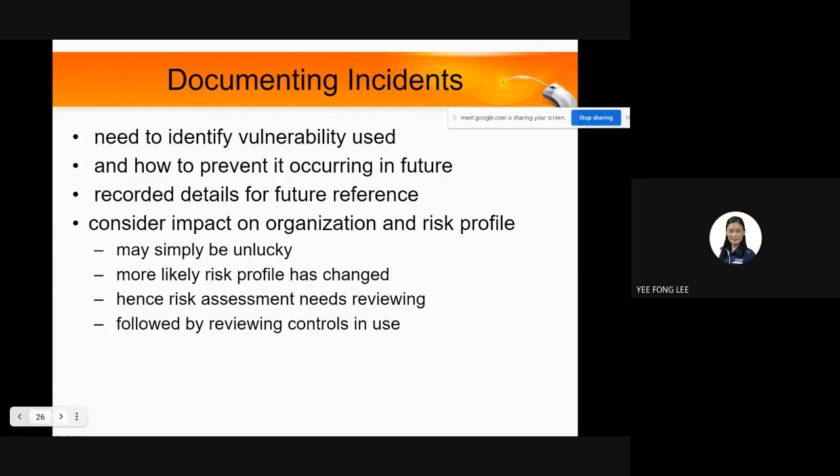It also involves reviewing the controls identified for some of the risks. Could it be strengthening the existing control, or would they like to apply a new control? This very much reflects the cyclic process. We mentioned this many times: the cyclic process in IT security management. Go back to the risk assessment again.